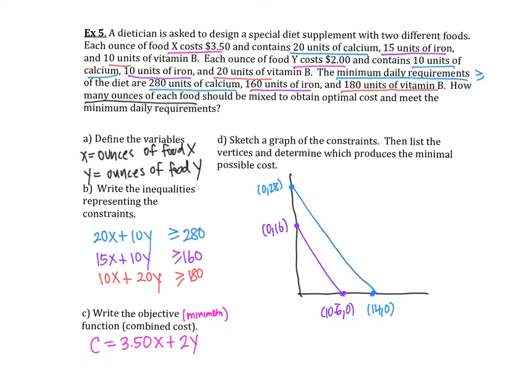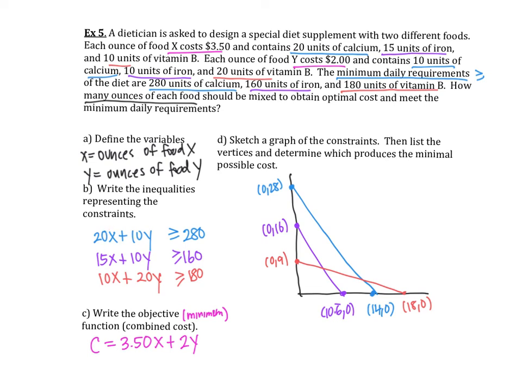Then for my red function, 10x equals 180, so x is 18 for the x-intercept. 20y equals 180 tells me the y-intercept is 9, which is kind of low. Now was I going above or below? These are all greater than or equal to. Am I dividing by a negative?